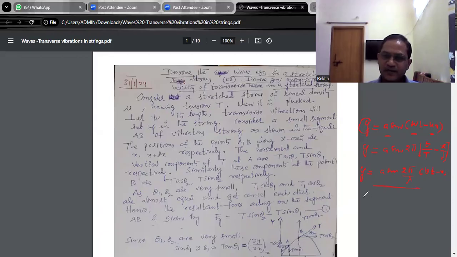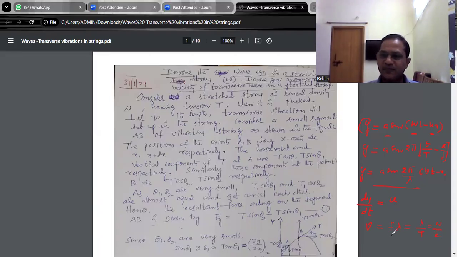If you differentiate that with respect to time, dy by dt represents the velocity of the particle. Y is the displacement of the particle. But the velocity of the wave V is equal to f lambda, that is equal to lambda by T, that is equal to omega by k.